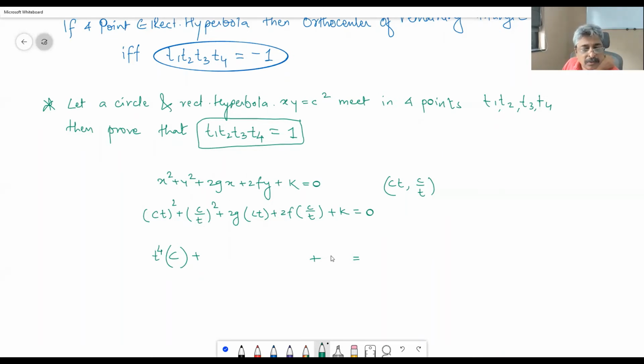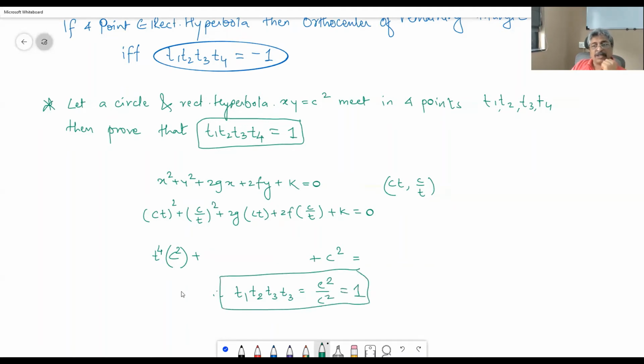Yes or no? This is c square, sorry. T fourth into c square is the leading coefficient and the constant term is also c square. Therefore, the product of the roots, if this 4th degree equation has 4 roots, T1, T2, T3, T4, is c square upon c square, which is equal to 1. That is how it is, as simple as that.